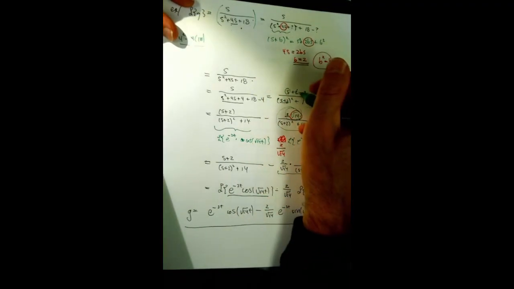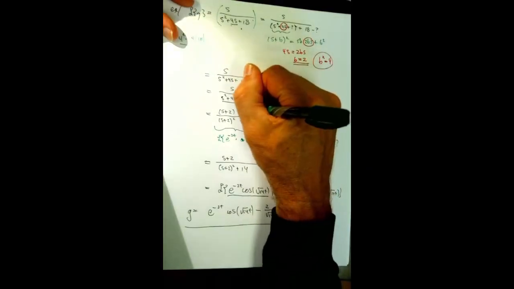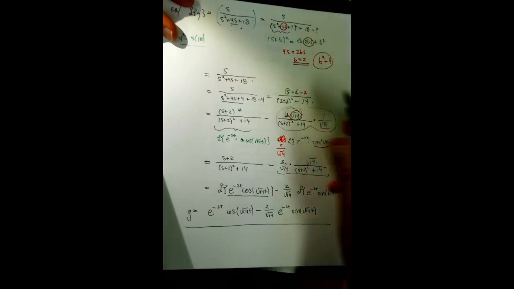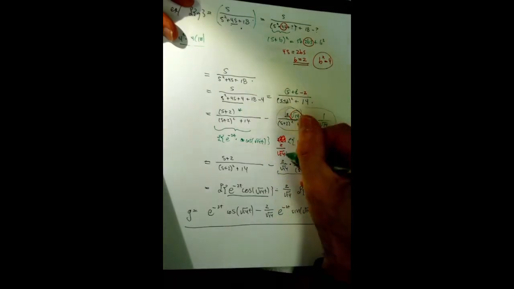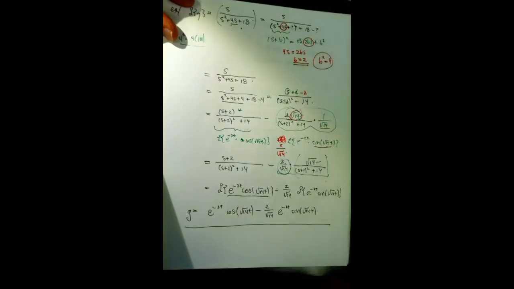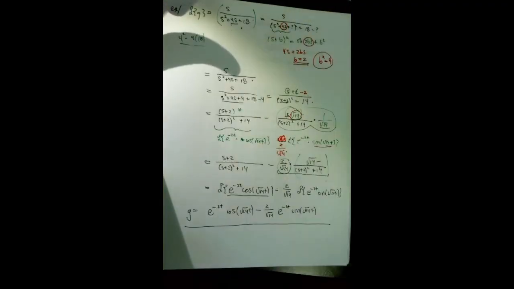So I add and subtract this. So I get this term, break it up into pieces, and now I've got to do the algebra to ensure that this looks like it's in the form I need, which has an a over s squared plus a squared.